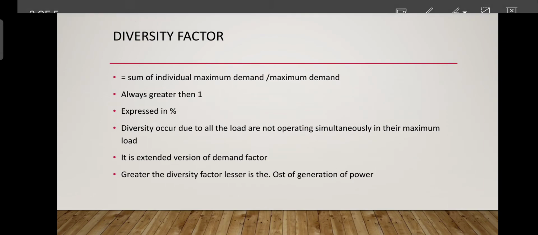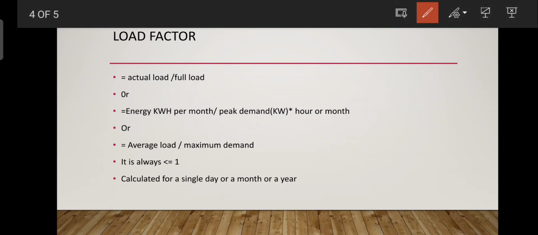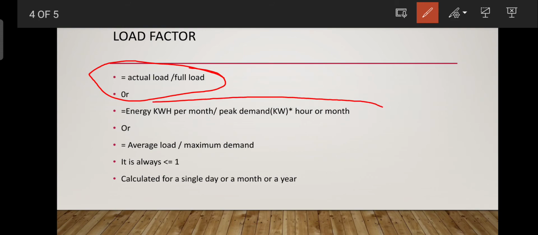So next, go to the next slide, that is load factor. What is load factor? The ratio of the actual load of equipment to the full load of equipment is equal to the load factor. Or energy in kilowatt-hours per month divided by peak demand in kilowatts times hours per month.